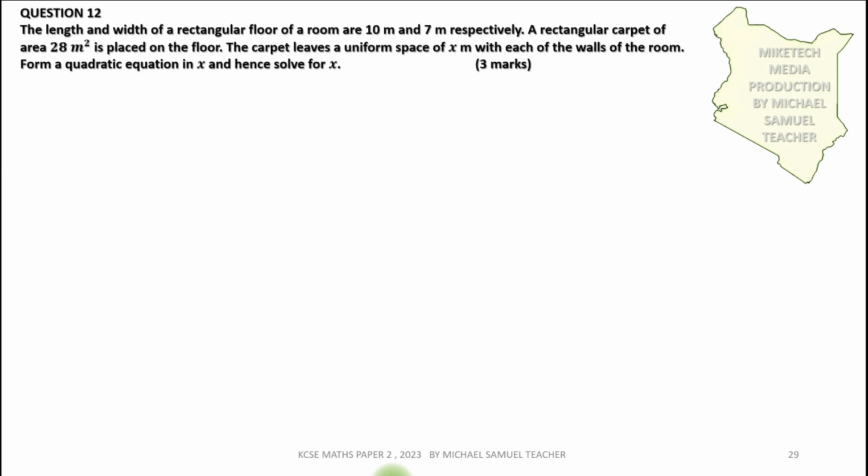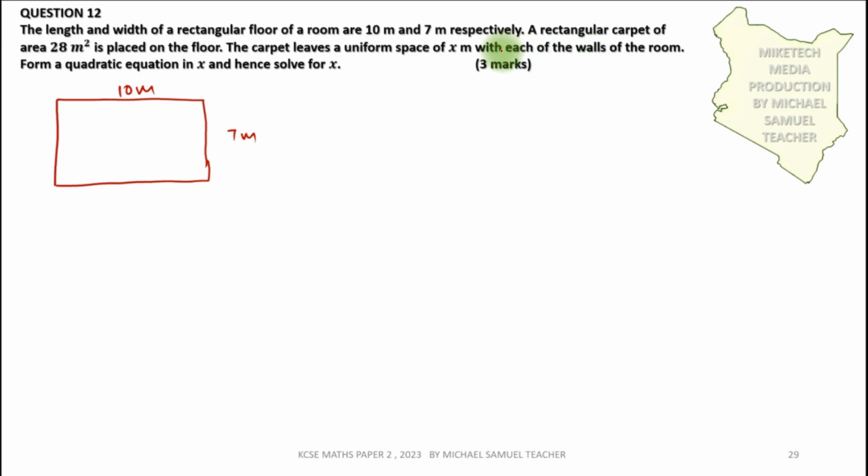So the first thing I'll have to do is sketch a rectangular floor, and the dimensions are 10 meters by 7 meters.